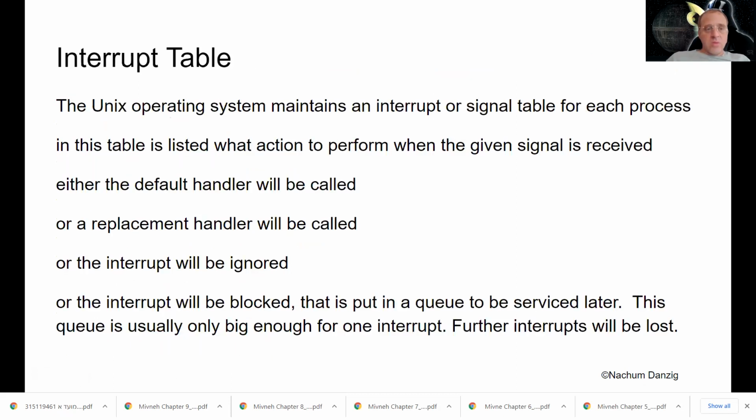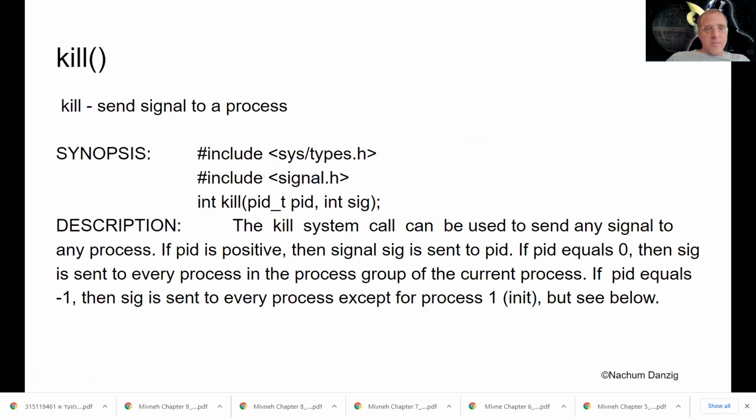Okay, so let's go back. The kill system call can be used to send any signal to any process. If the PID is positive, the signal is sent to the process with that ID. But if the process ID equals 0, well, there's no process with that number. Maybe the actual operating system is process number 0.